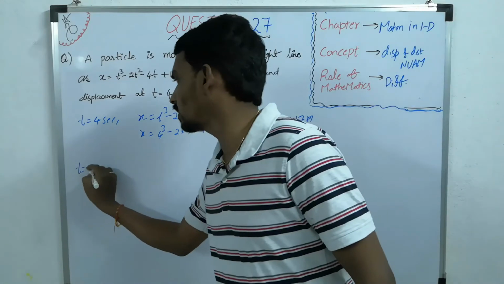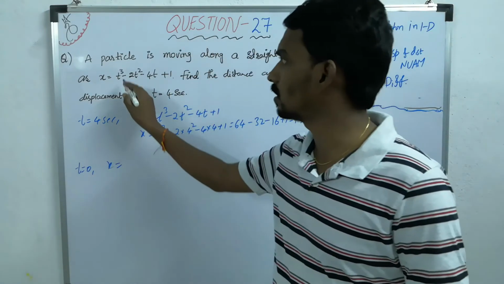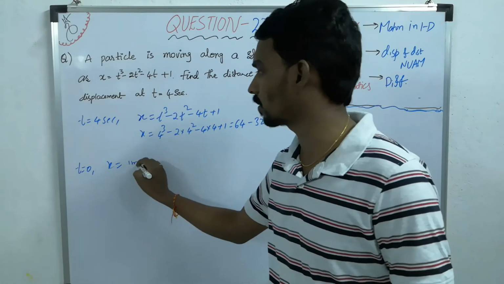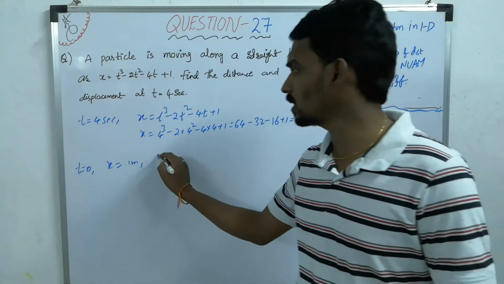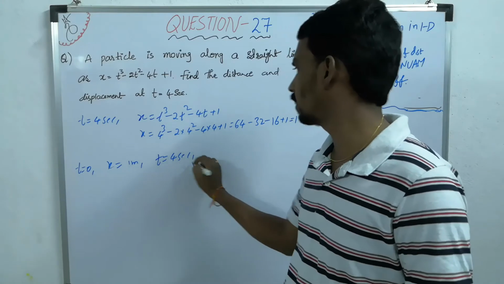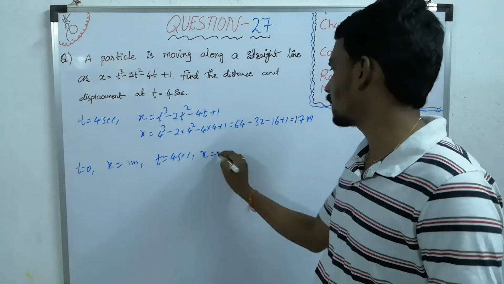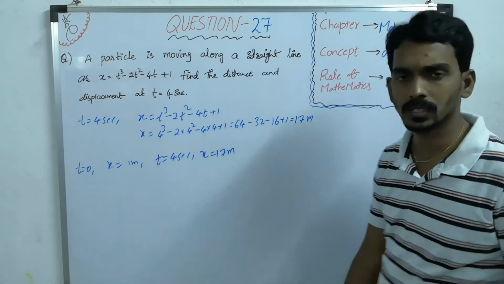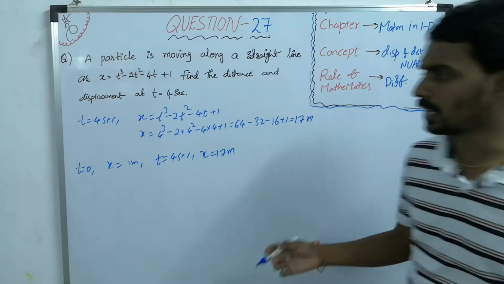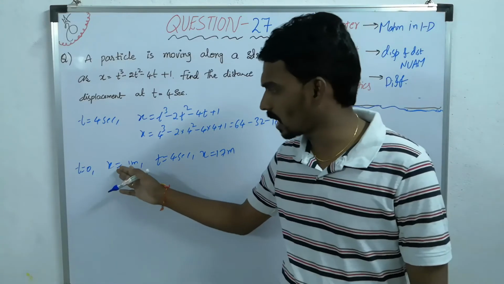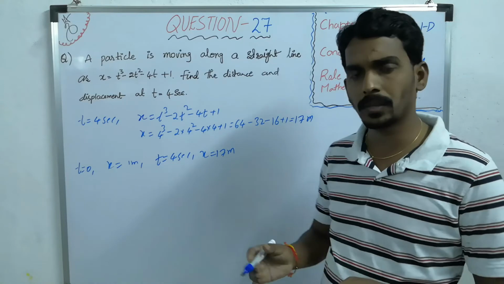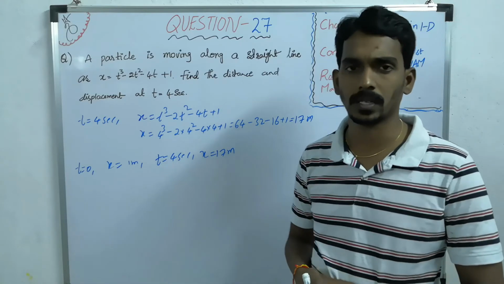So let's take initial, t equal to 0. What is x? 0, 0, 0, 1 meter. You find the position at the given time, 4 seconds. What is the position? 17 meter. But that doesn't mean that the particle always starts at 1 meter and reaches 17 meter, so that the displacement is 16 meter.